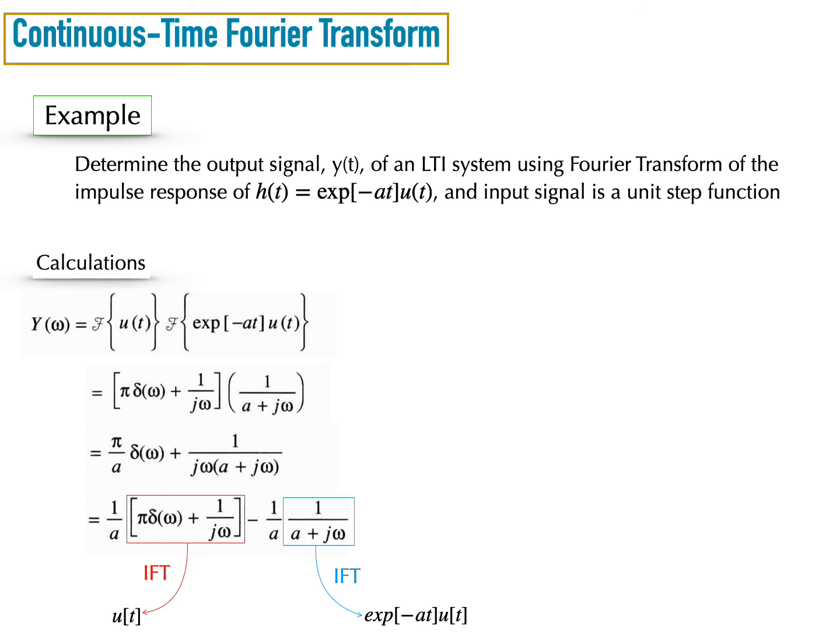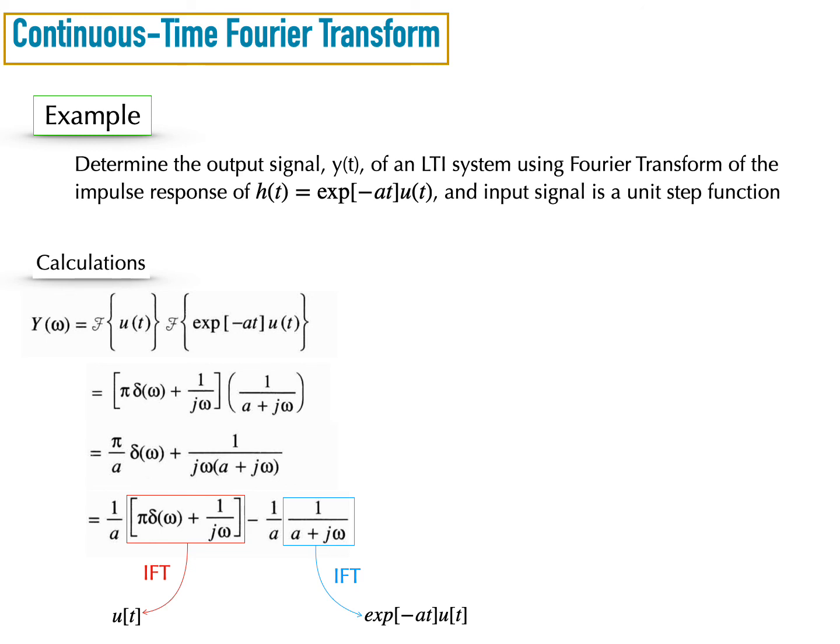But in order to go back to the time domain, once we have solved our convolution by multiplication in the frequency domain, we have to perform the inverse Fourier transformation.